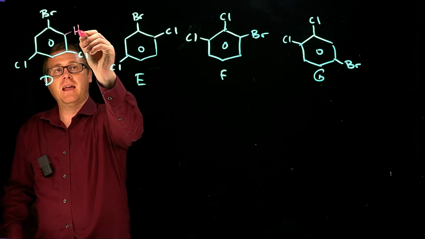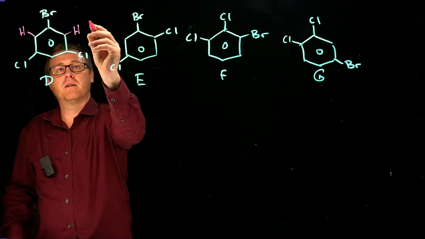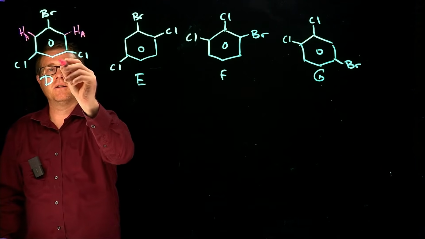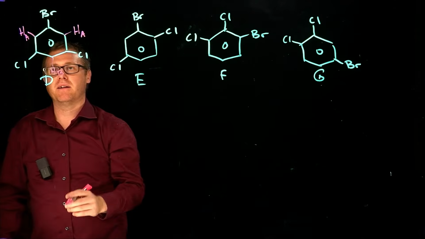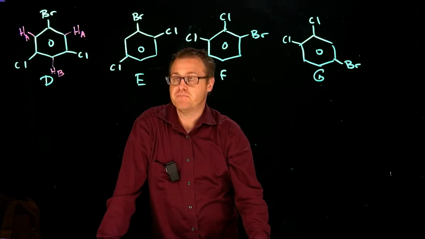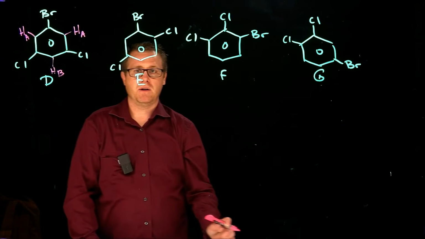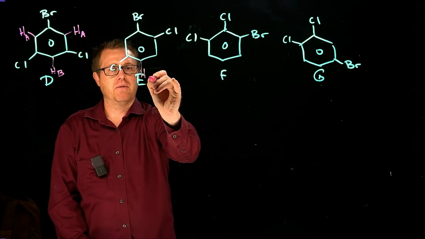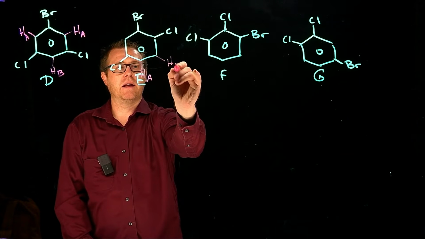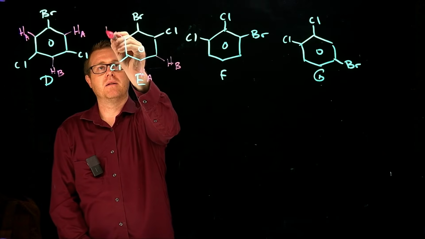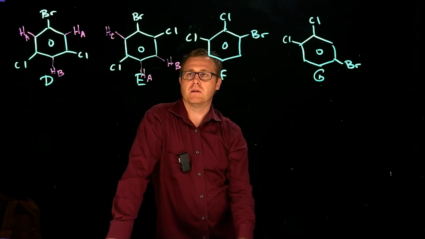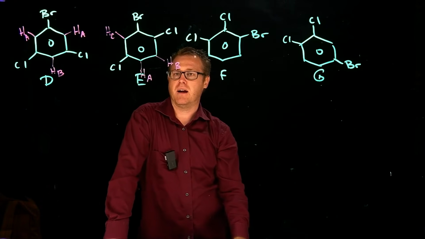So we would say, hey, okay, so that's a signal. Those are homotopic to one another, and then we would have HB right there. So that guy gives 2 signals. Now this one here, we have HA, HB, and HC. So we have 3 signals for that guy.